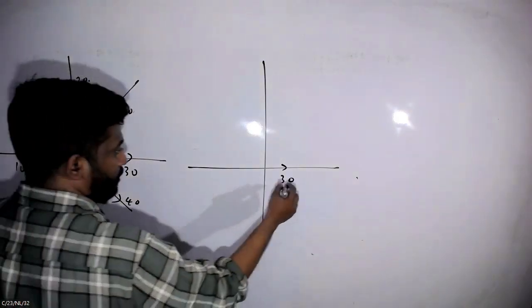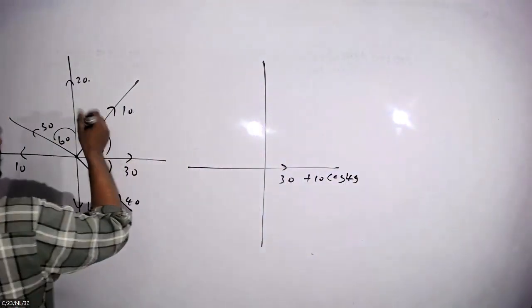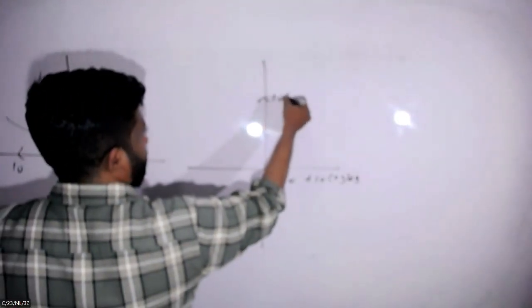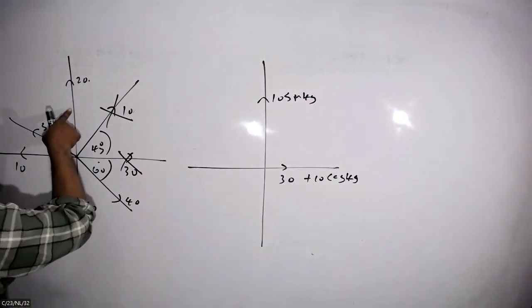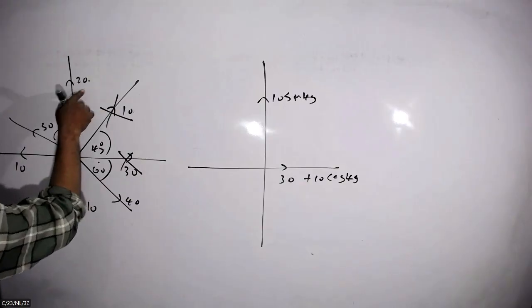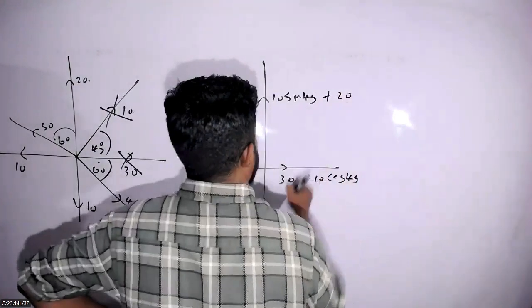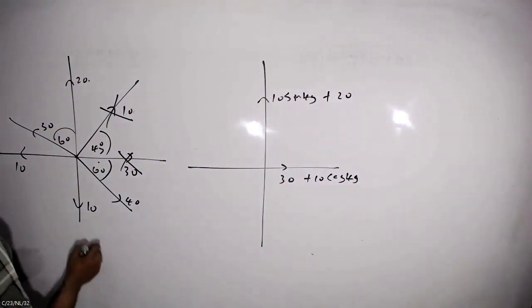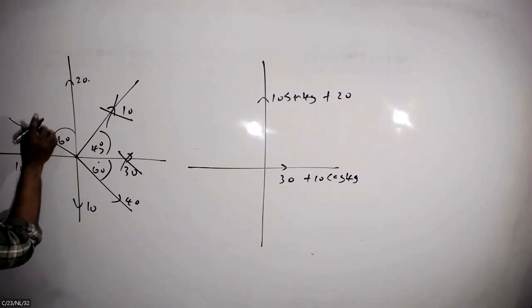This one is 10 cos 45, and the vertical component is 10 sin 45. Then this 20 Newton force acts vertically upwards, so you can write 20 here. Then again, you need to consider the horizontal and vertical components of this 30 Newton force.